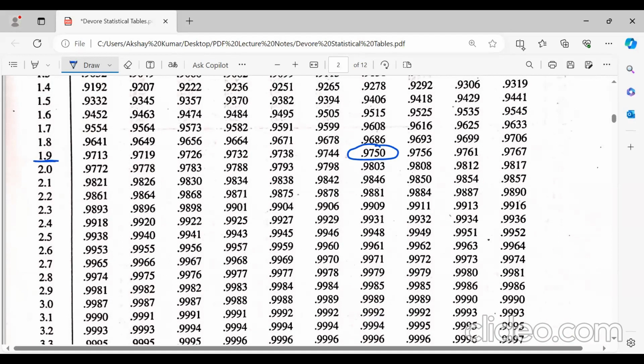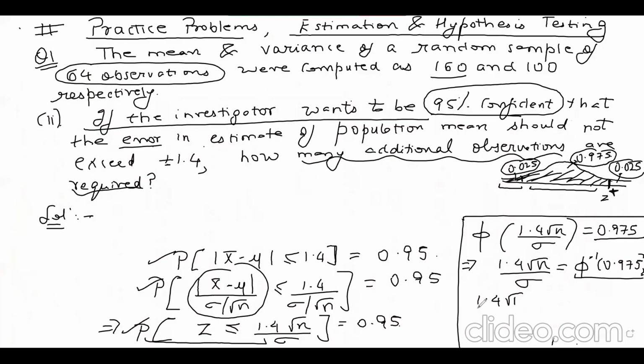So it's 1.9 under 0, 1, 2, 3, 4, 5, 6. So my answer is 1.96. So I can write 1.4 square root of n over sigma is equal to 1.96.